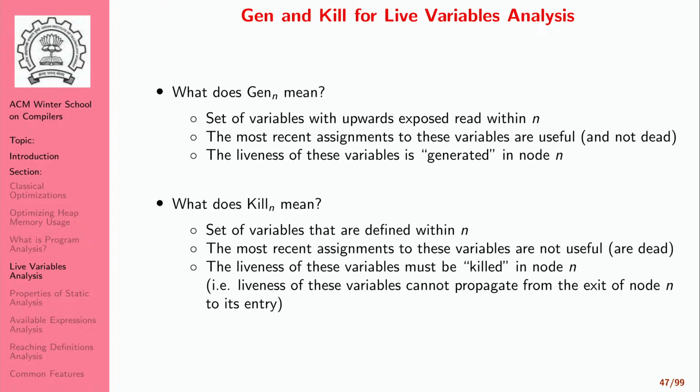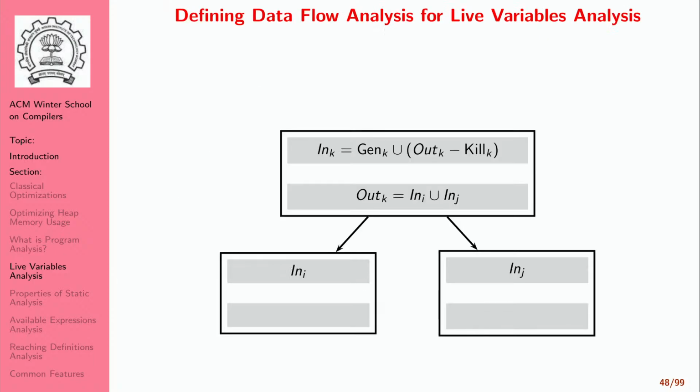The liveness of these variables must be killed. However, there is a bit of a catch, we will come to this later. The last point is important. Liveness of these variables cannot propagate from the exit of the node to its entry. So assume that we know what gen and kill are.